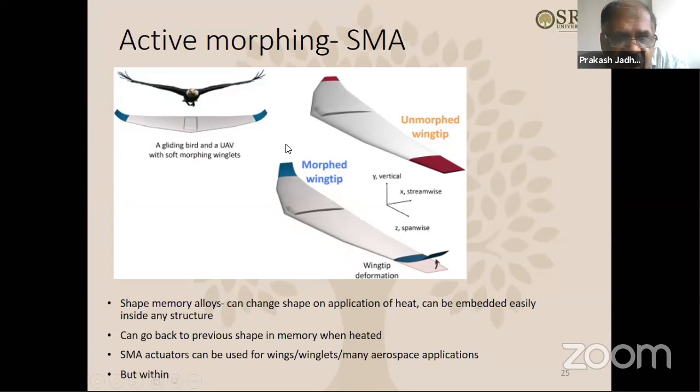So the winglets can be morphed. Morphed means actuated: just apply a small amount of heat and you can activate and deactivate the shape memory alloy actuators, and you can change the shape of the wings. This is what is getting very popular right now, shape memory alloys.